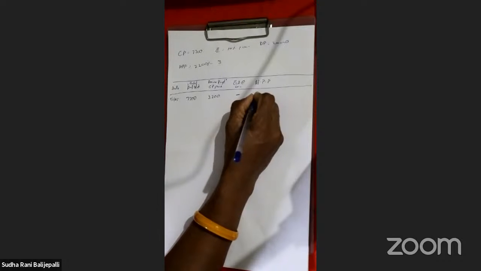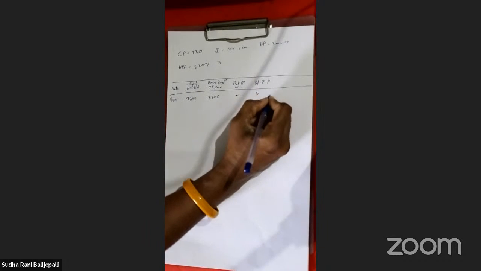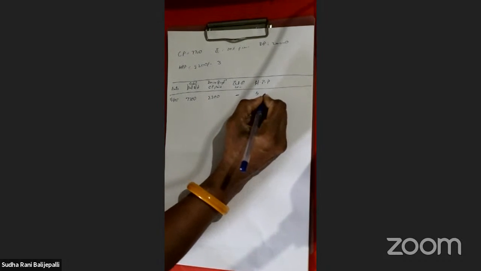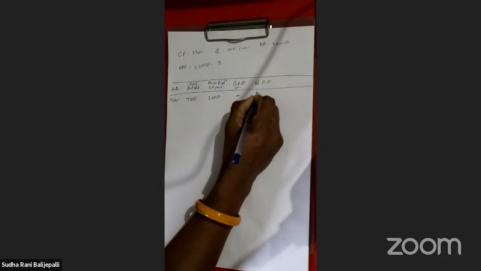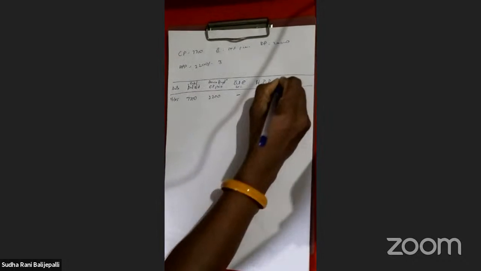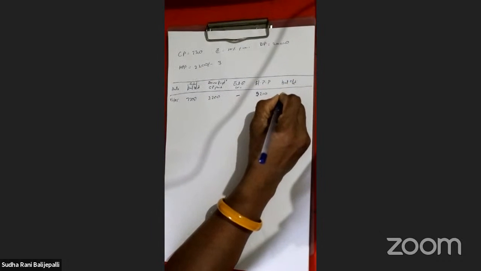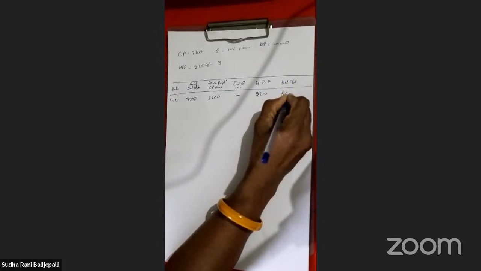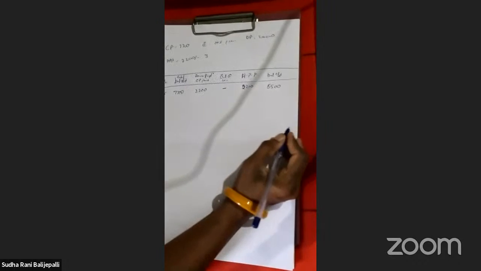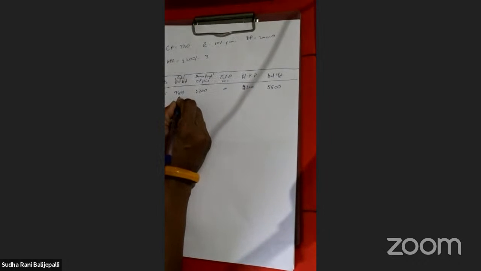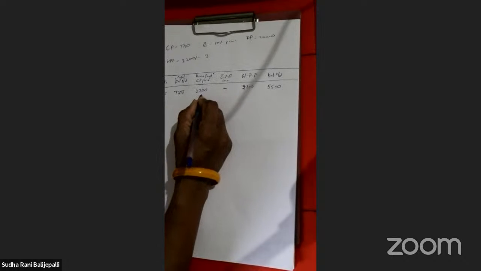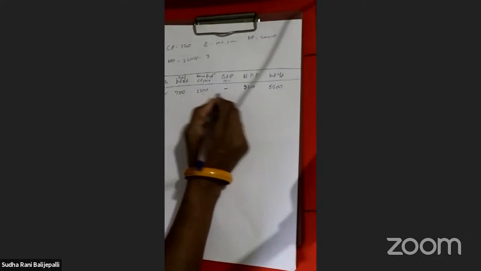So the final amount remained to be paid on hire purchase system is, okay, minus 2,200, balance carried down is 5,500. How 5,500? Actual value of asset is 7,700, upon which you paid 2,200 as down payment.